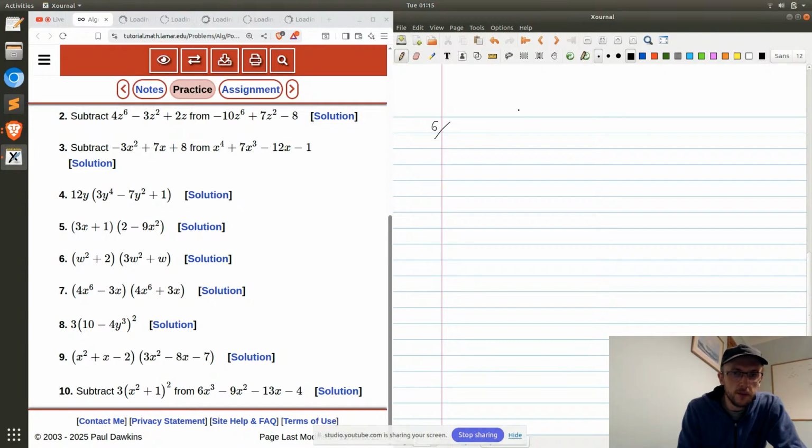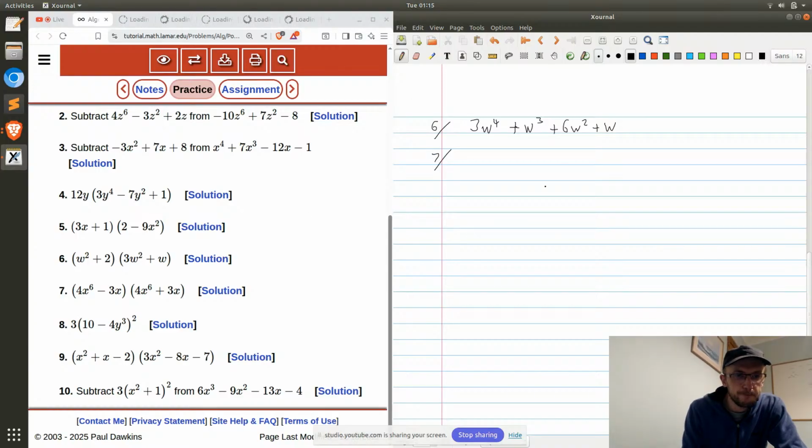All right, so first will come 3w to the power of 4. Then a w cubed. Then a 6w squared and a single w.